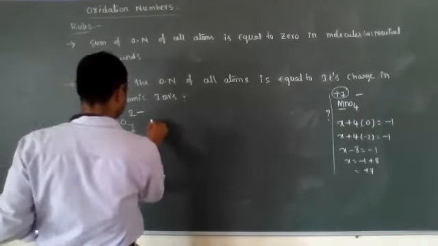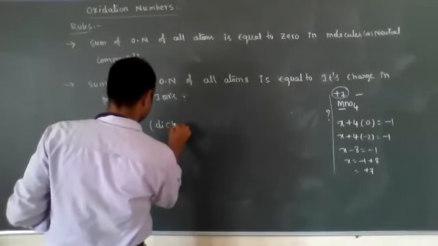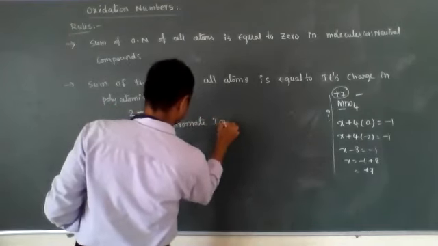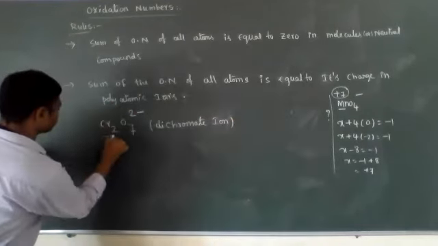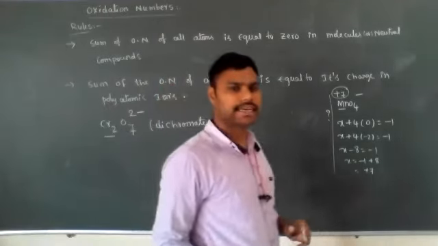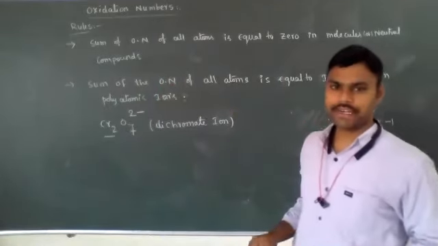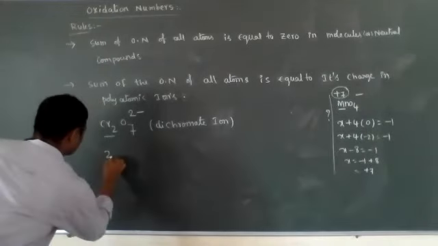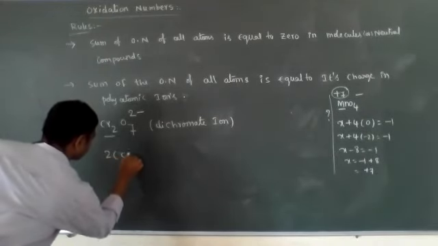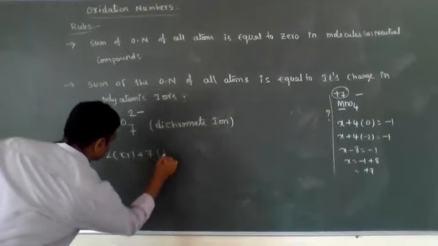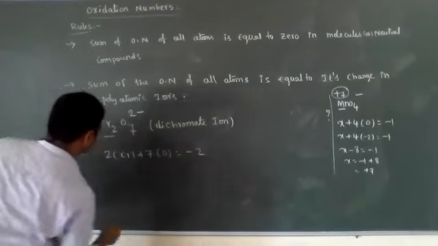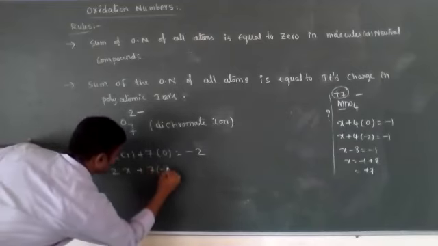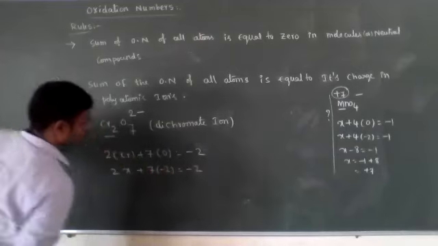Cr2O7 2 minus, dichromate ion. Find the chromium oxidation state. 2 chromium atoms are present plus 7 oxygen atoms is equal to minus 2. 2 chromiums, 2X plus 7 into minus 2 is equal to minus 2.